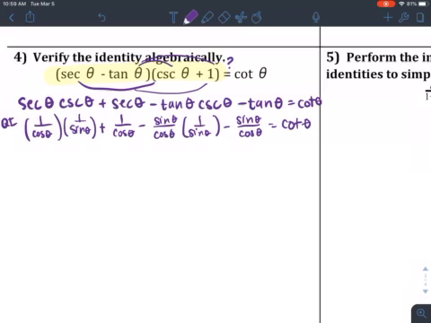Okay? So I'm looking at this and I'm like, ooh, are there any like terms? What can I do here?